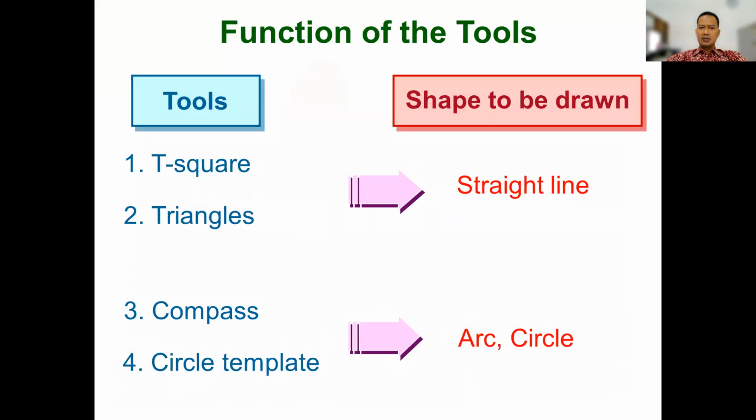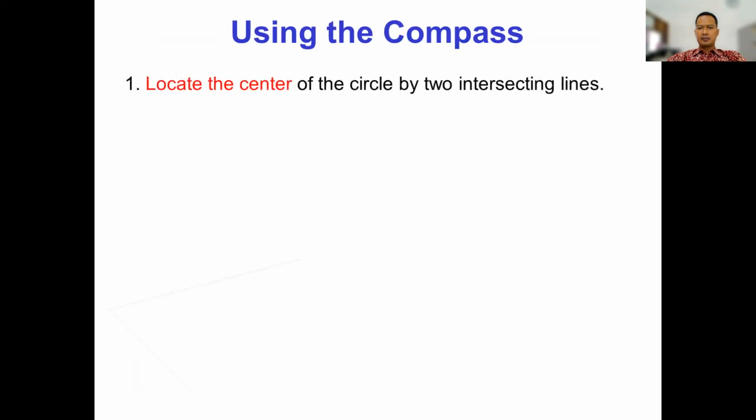And then the function of tools: for example, the T-square and triangle are used to draw a straight line, and the compass and circle template to draw arcs and circles. And how to use the compass?